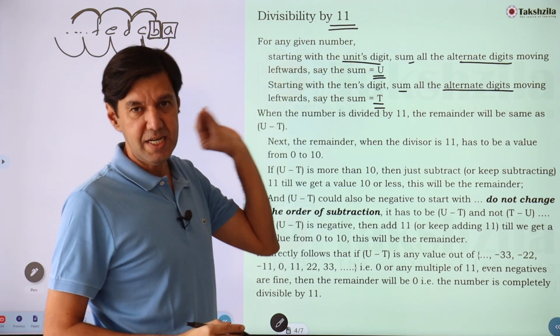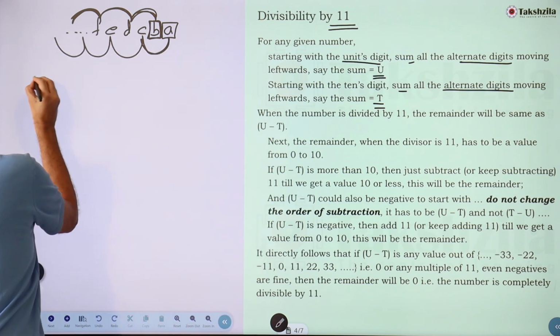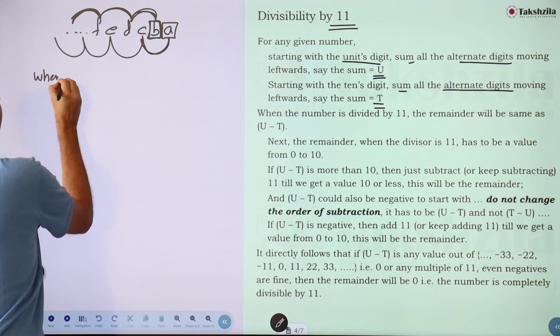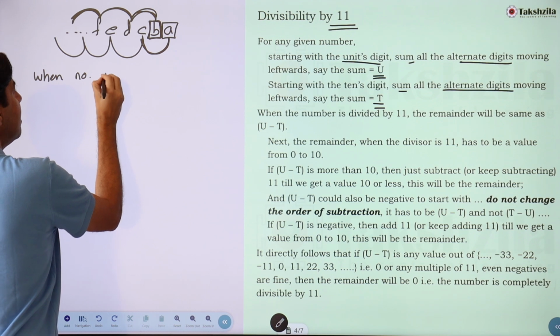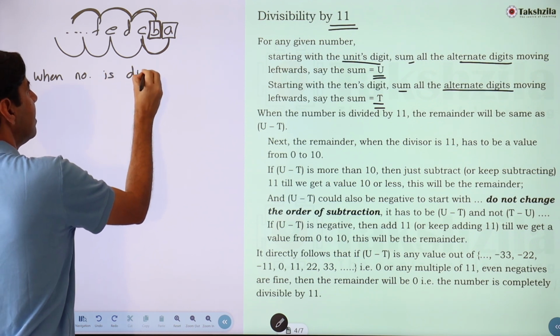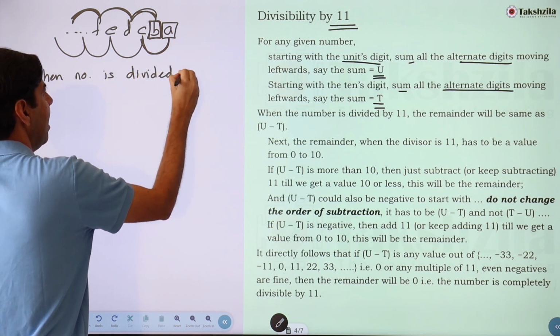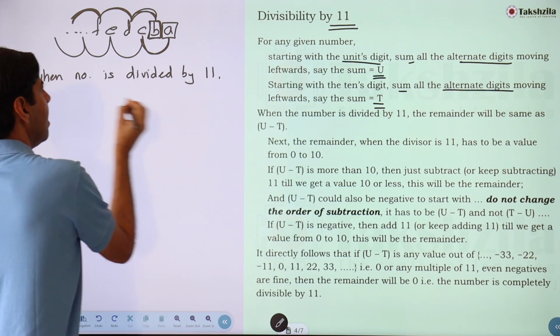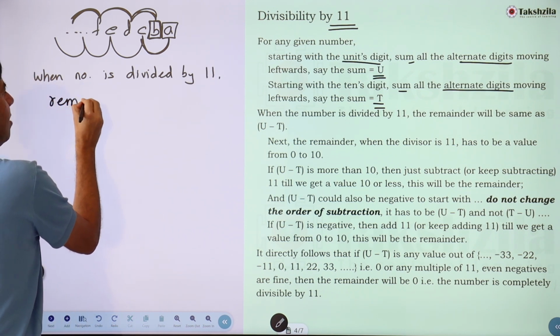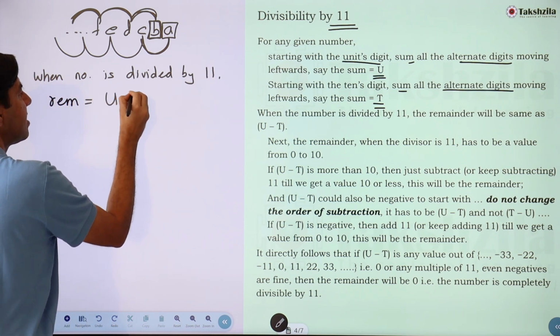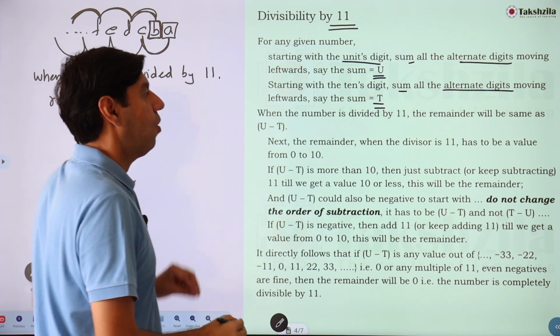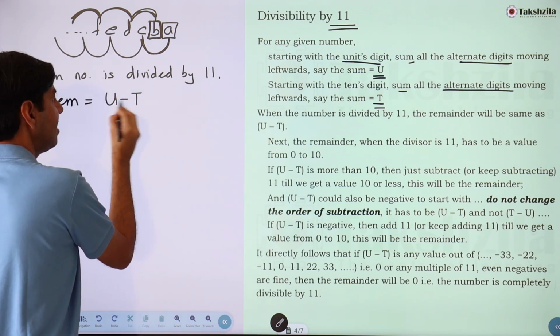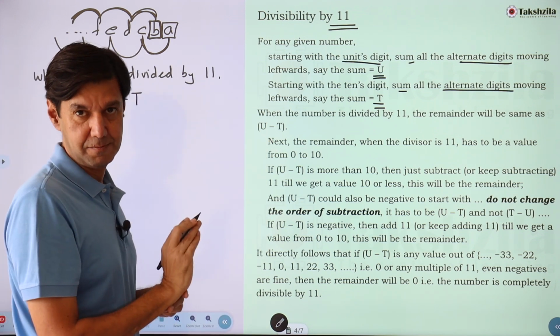So we get U and T. Now, when the number is divided by 11, the remainder will be U minus T. And the order is important. It has to be U minus T.